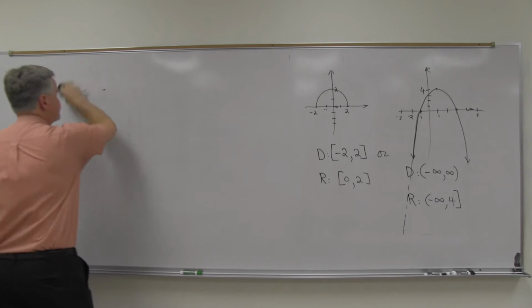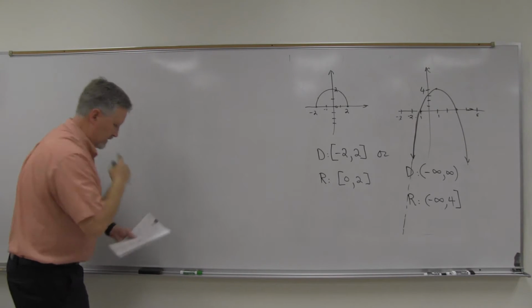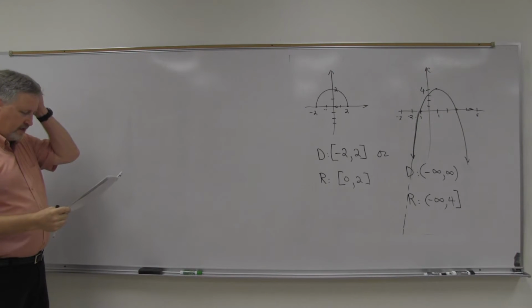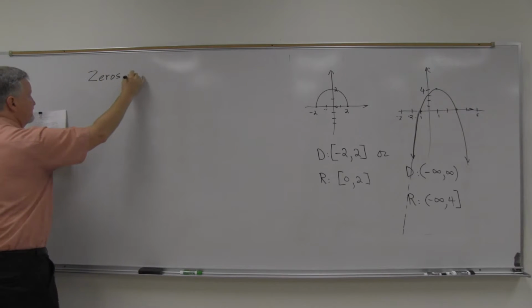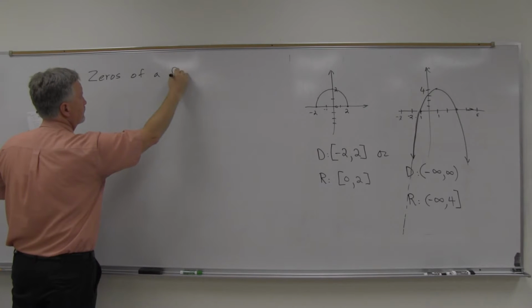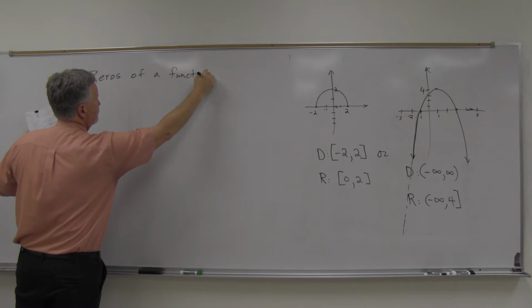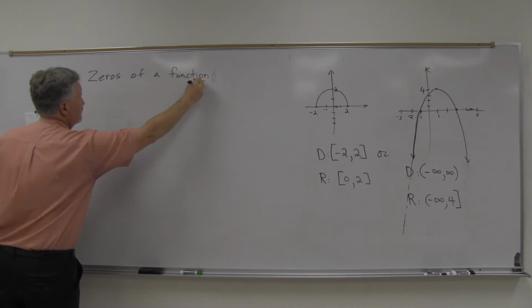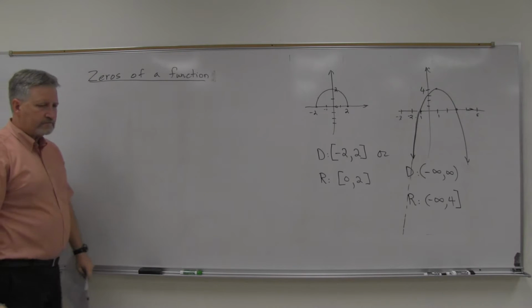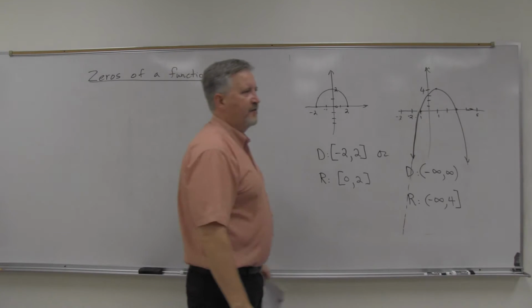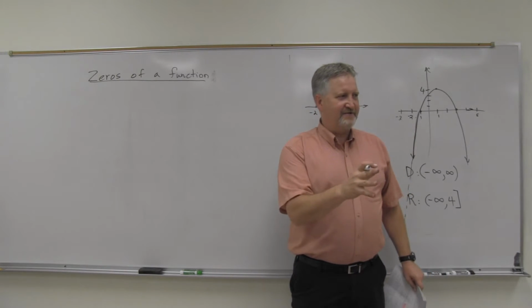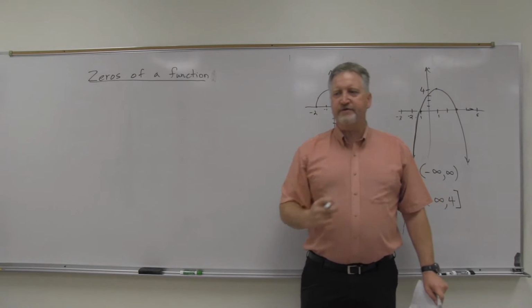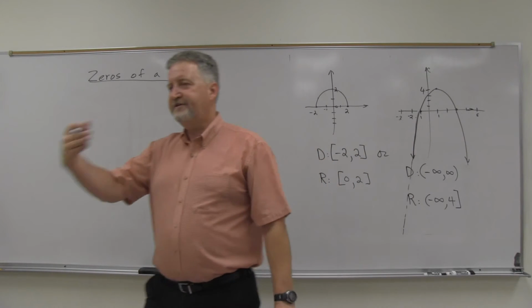One other piece here that I want to talk to you about are the zeros of a function. By zeros of a function, what I mean by that, it's not x value 0. The zeros of a function are what makes the function value 0.